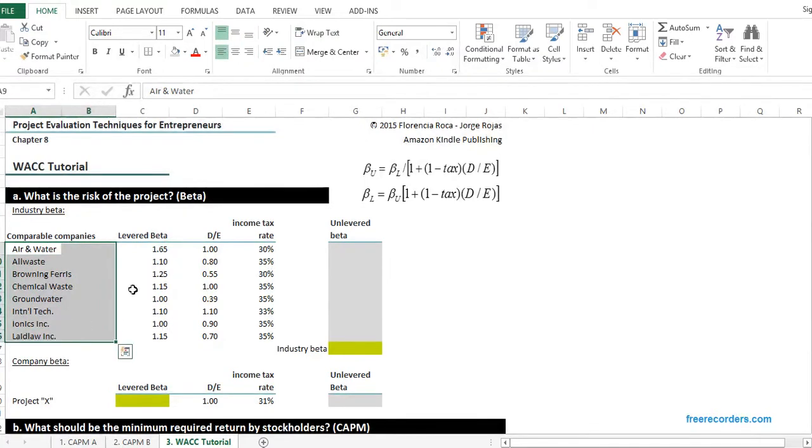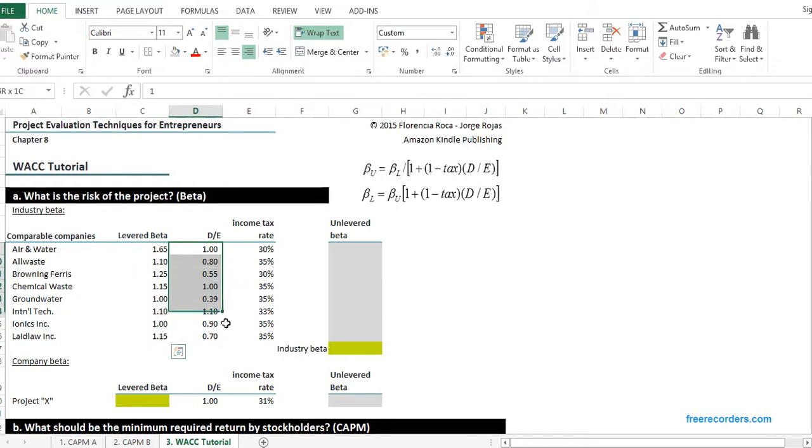And so we're going to find a group of companies. We have the levered beta of each company, which could be found by a regression of, well, this is the typical calculation of risk with a regression comparing the returns of each stock with the returns of the market. Beta will be the slope of the regression.